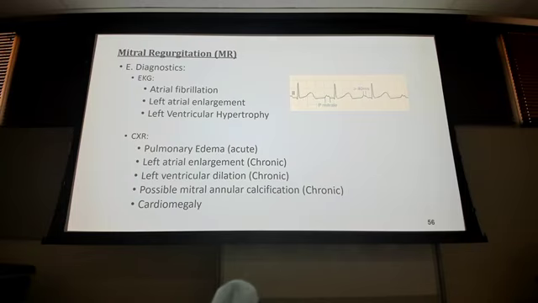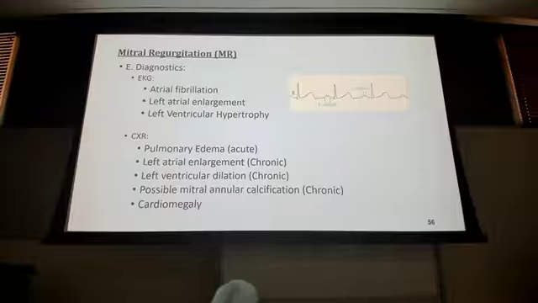What is different, though, is you can see left ventricular hypertrophy in mitral regurg, where you don't see that in mitral stenosis. Because the ventricle in mitral stenosis is normal. It will squeeze whatever blood gets to it, right?